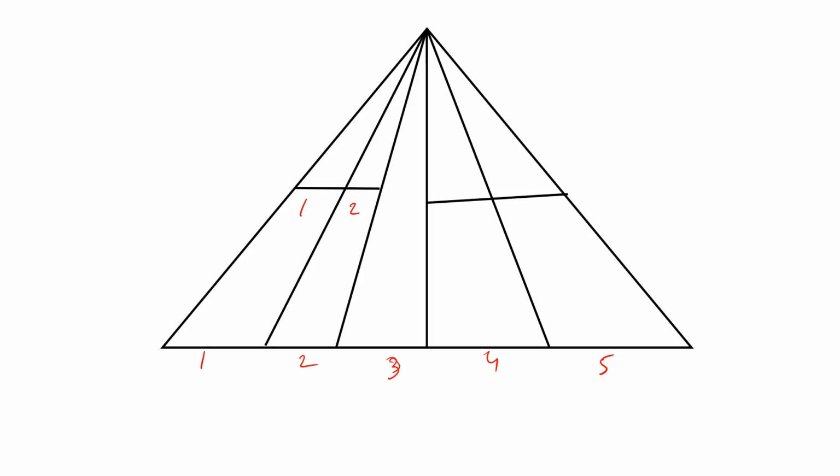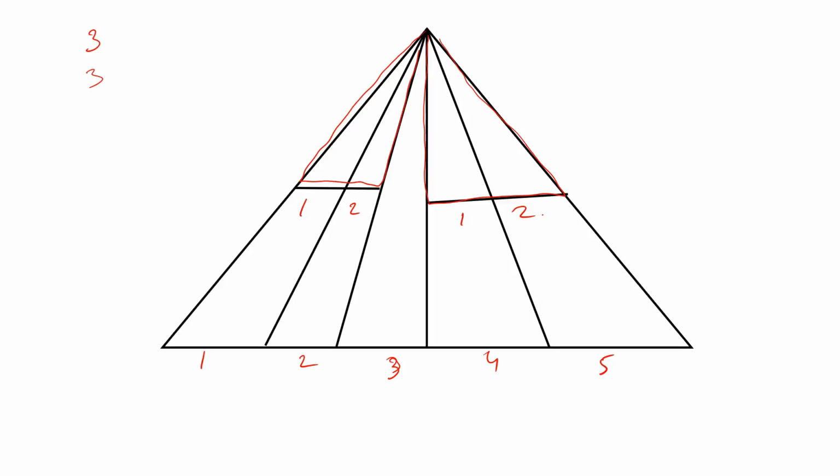And for this triangle also, 1, 2. So the number of triangles for this one will be 1 plus 2 equal to 3. And for this small triangle, 1 plus 2 equal to 3.